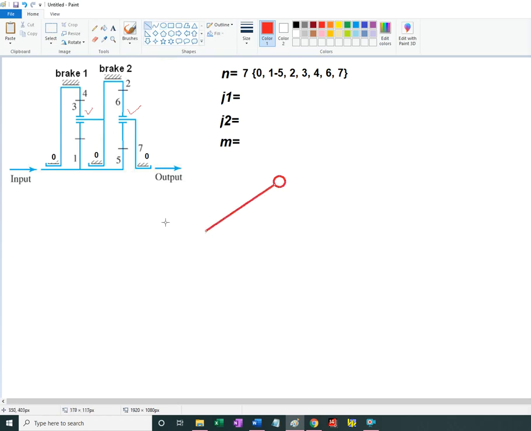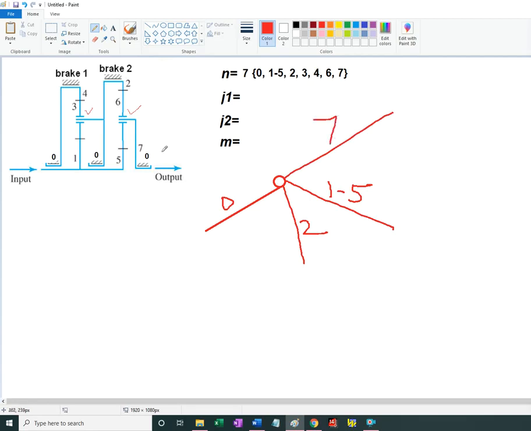We have 0, and then 1 and 5, and also to the ground I have 2, I have 7 to the ground, and I also have 4 to the ground.